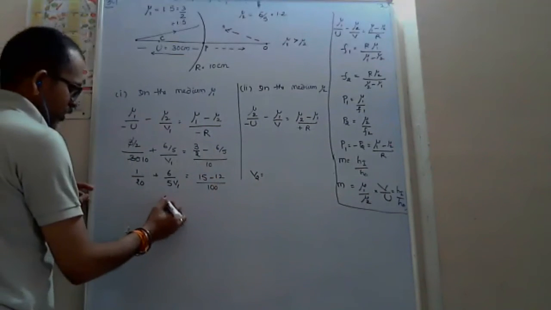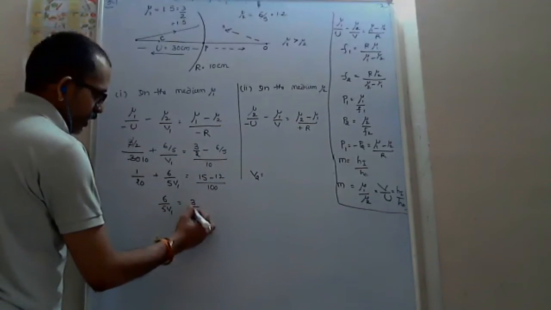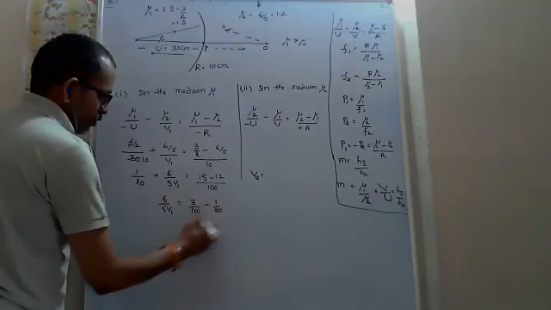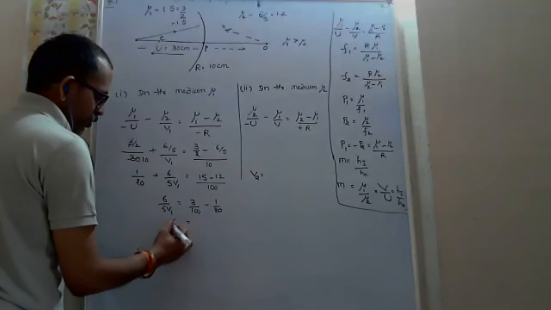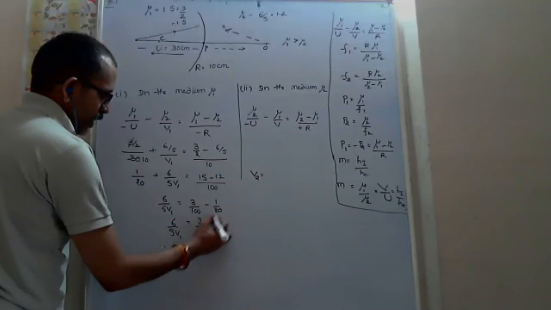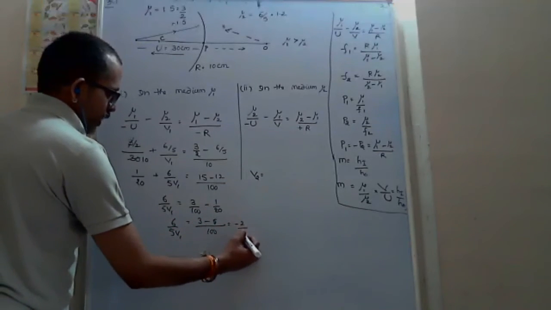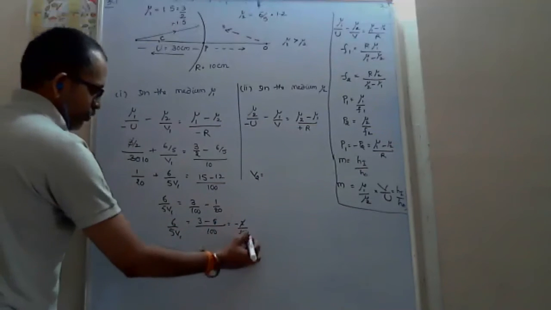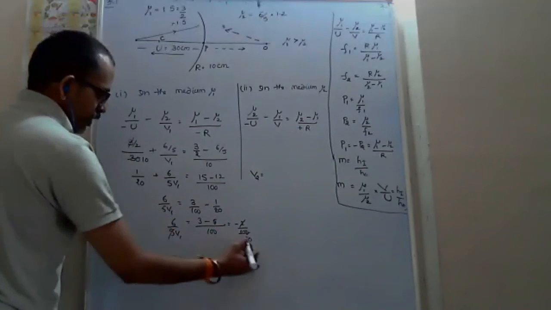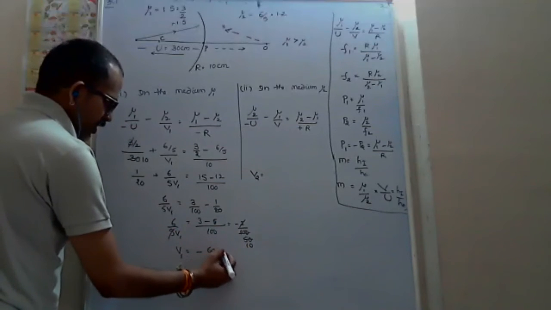I'm getting 6 by 5 in 1 equals 3 by 100. 5 equals 100 into 3 minus 25, minus 500, 250. And I am getting V1 equals minus 16.